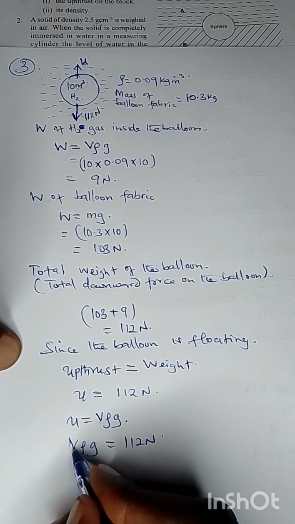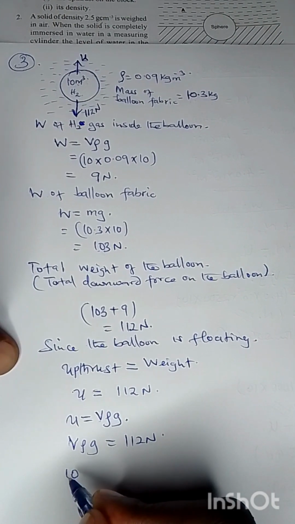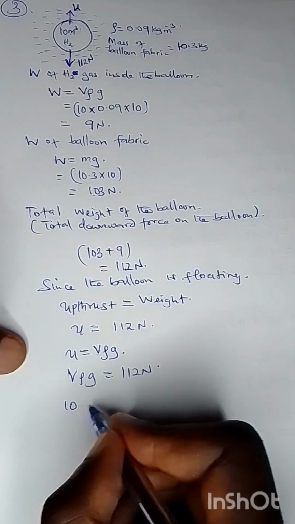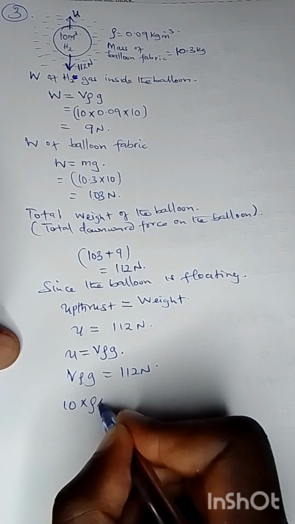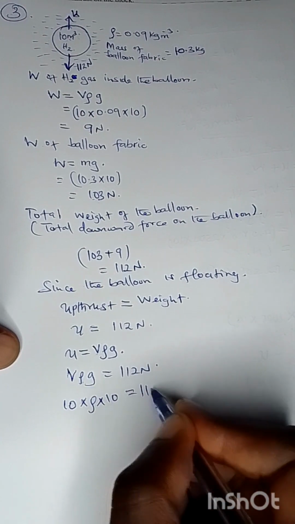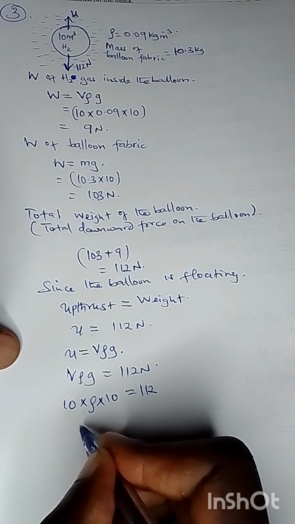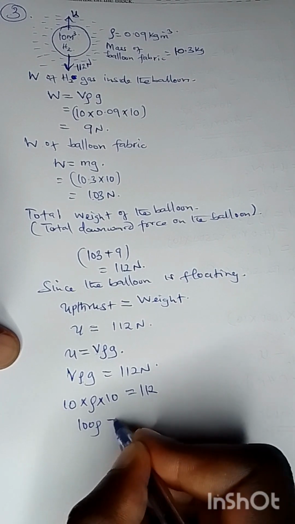But what is our V? Our V is 10. 10, and then the rho, we are looking for the rho, and then this is another 10, equals to 112. Again, this one becomes 100 rho, which is equivalent to 112.